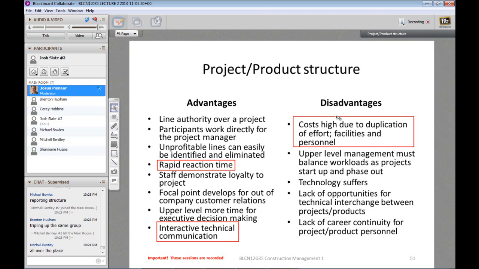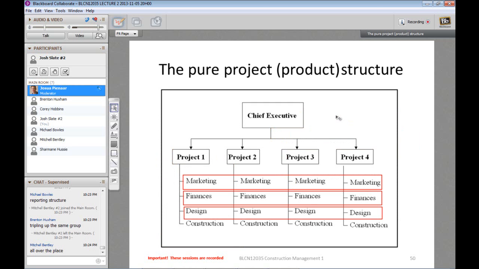So one of the disadvantages over there is technology suffers. So why do you guys think technology will suffer in a pure project structure? Just to jog your memory, I'll put back the example that we have over there.